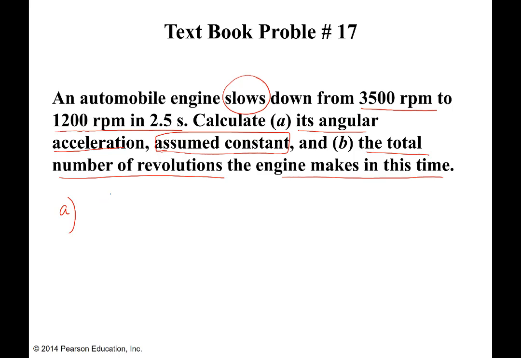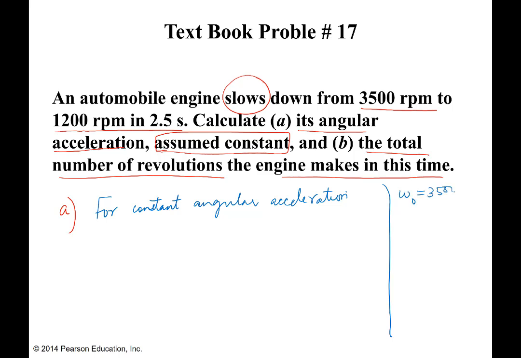Okay, so part A is for constant angular acceleration. So basically, I would suggest you first convert your omega naught, which is 3500 revs per minute, into its radian per second counterpart.